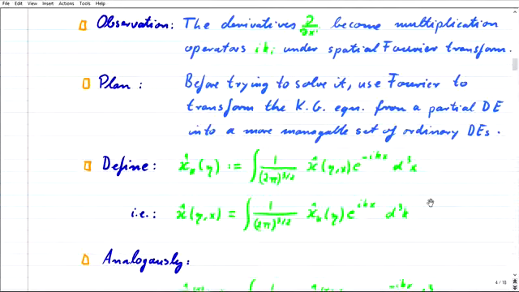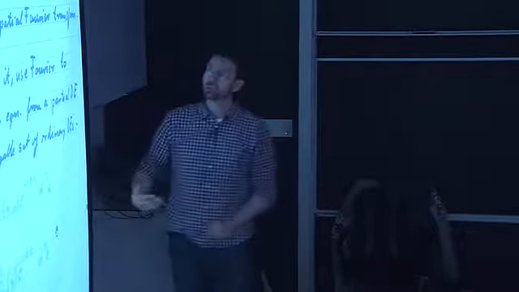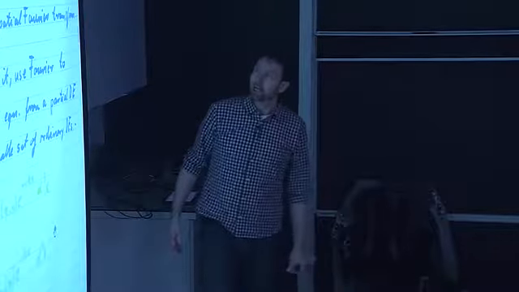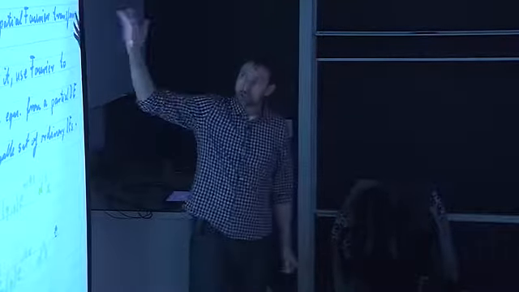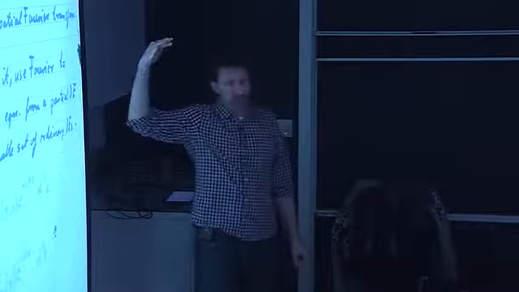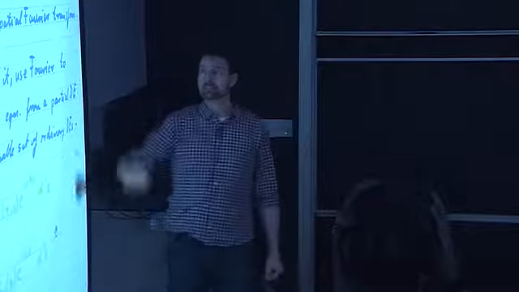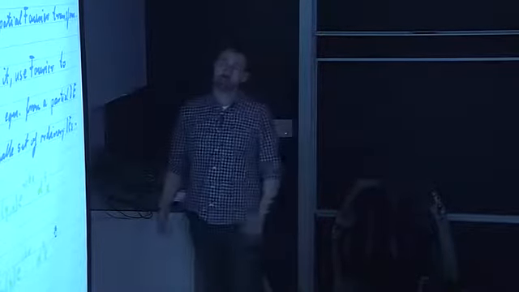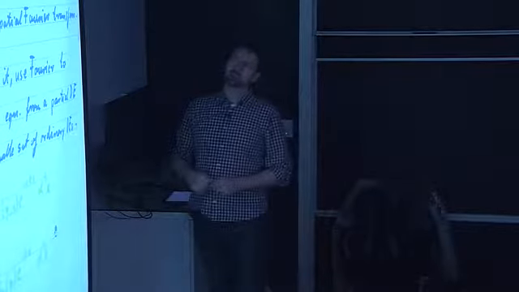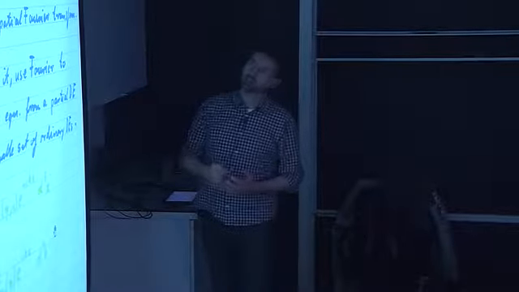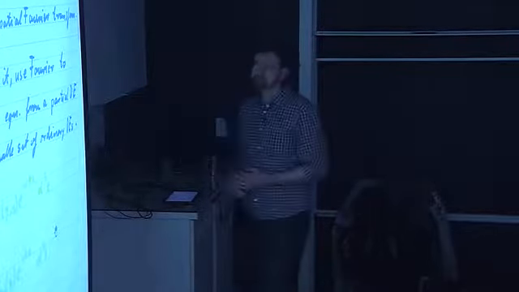So we do what we did already for Minkowski space. We do a Fourier transform in order to turn this partial differential equation that has both time and space derivatives into a bunch of uncoupled ordinary differential equations that have only time derivatives.